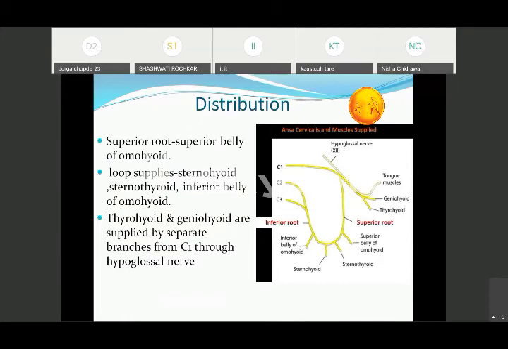Distribution of this ansa cervicalis: the superior root, that you can see, will supply the superior belly of omohyoid.